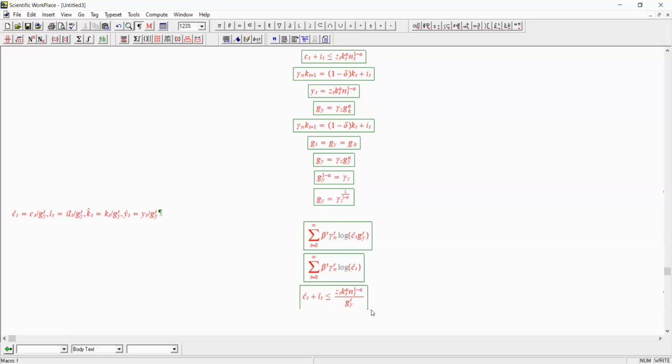Notice that Z_t is just Z_0 times gamma_Z to the power of t. And also gamma_Z to the power of t is just g_y to the power 1 minus alpha times t.